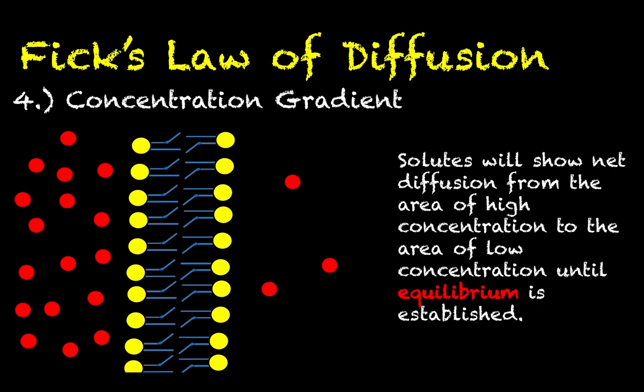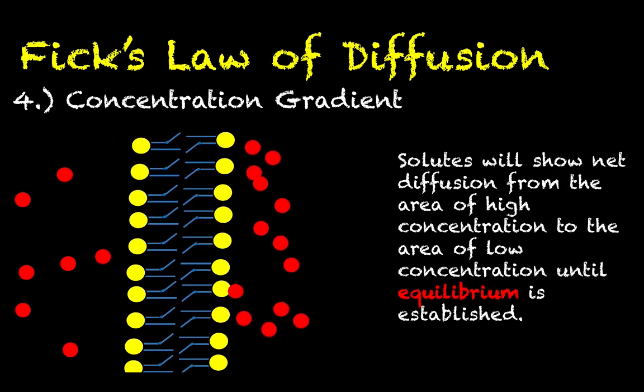The idea here is that the solutes are always going to show net diffusion from the area of high concentration to the area of low concentration. So these molecules are going to want to move in a net direction from the left side to the right side until we establish equilibrium. You can see this illustrated here.